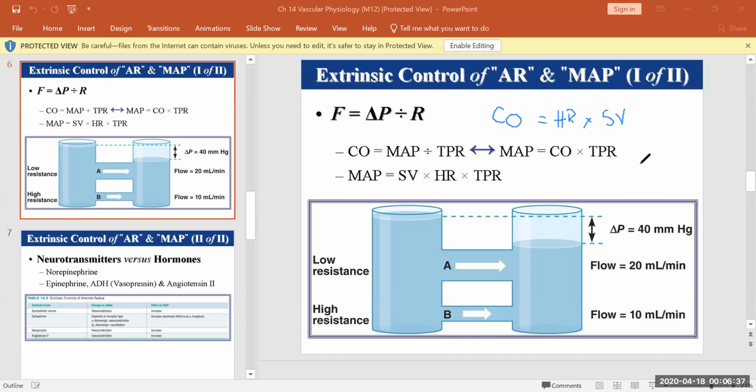So we talk about this in chapter 13. The heart has two components, right? A mechanical component and an electrical component, okay? So both the electrical component and the mechanical component work together as yin and yang, as man and wife, as a team to pump blood.